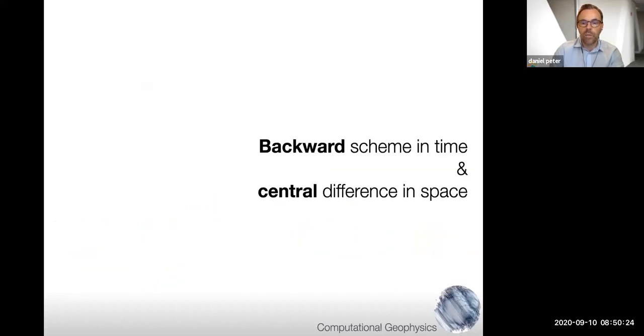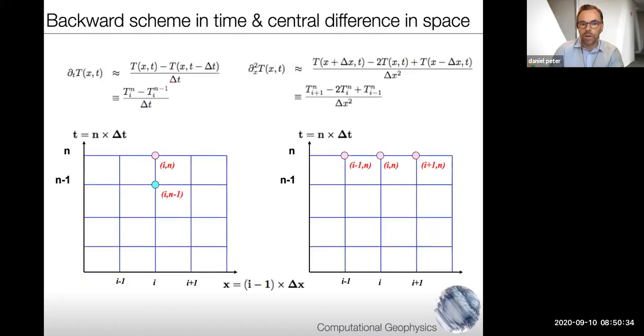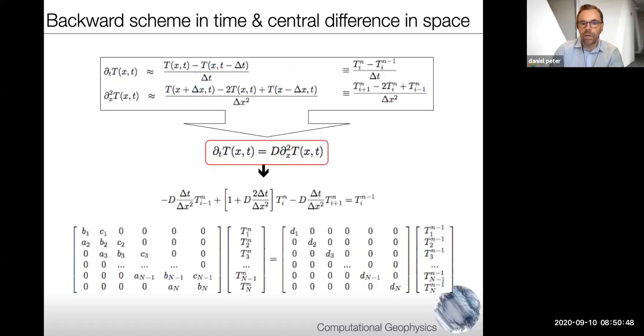Good, we can now play and say, well, instead of the forward scheme, let's use the backward scheme in time and the central difference in space. If you do so, this time the backward scheme for the time derivative, you put this together, and now your expressions look like this.